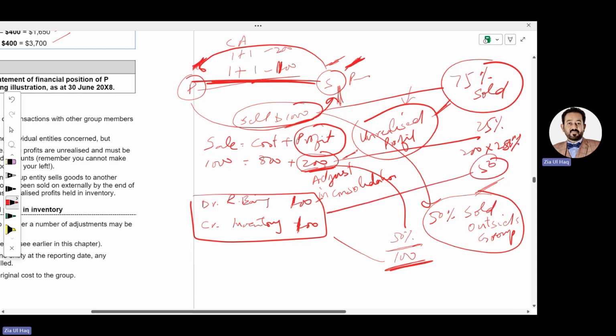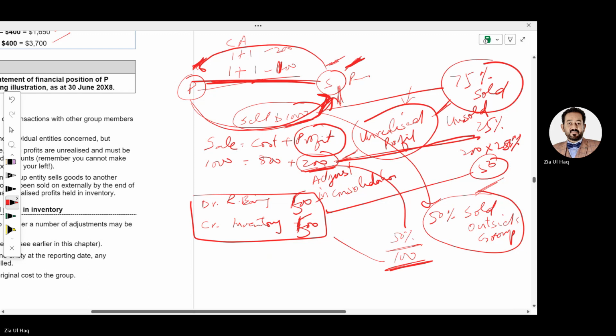So we need to record this entry for 50. We need to make sure how much inventory relating to intergroup transactions is unsold at the year end, and eliminate the profit part relating to that unsold inventory only. Means 75% sold, so 25% is unsold. Can you understand this concept?